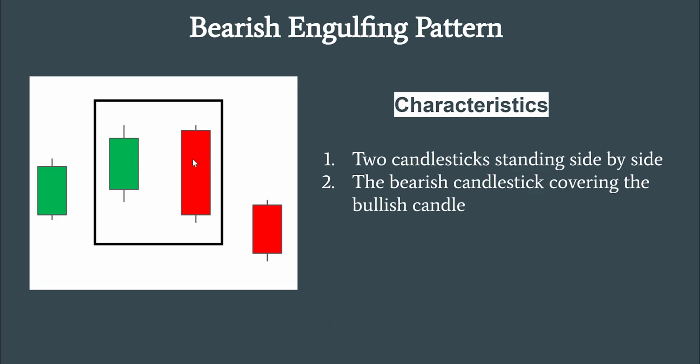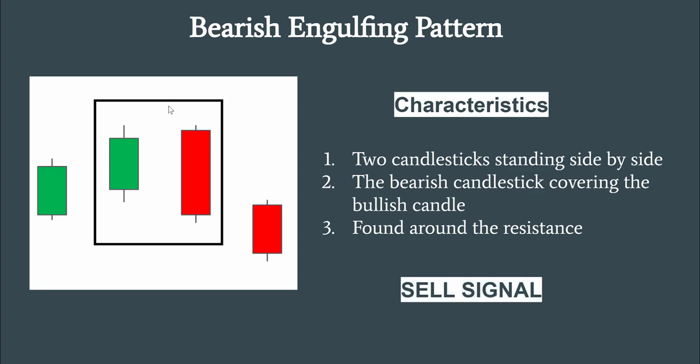So when we say covering, it means it's engulfing it, and this is found around the resistance area. When you see this form, this is a sell signal. So this is just indicating a swift switch from buy to sell.